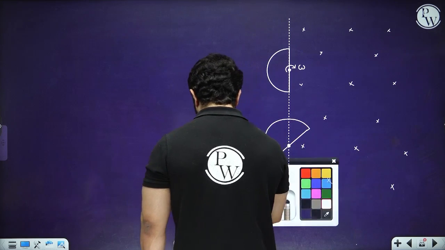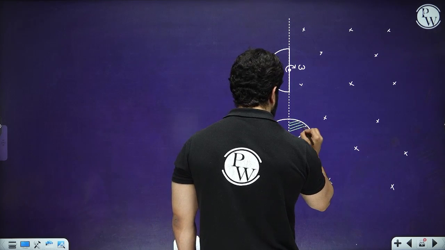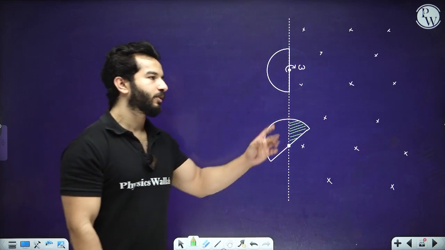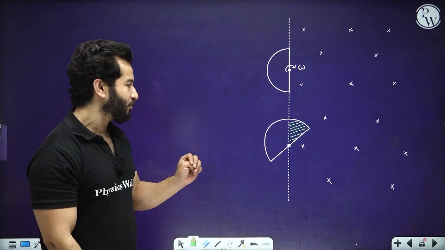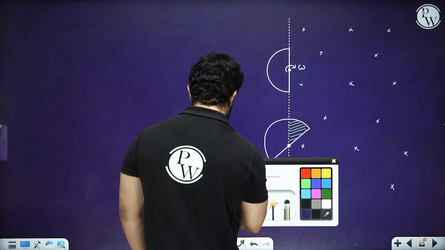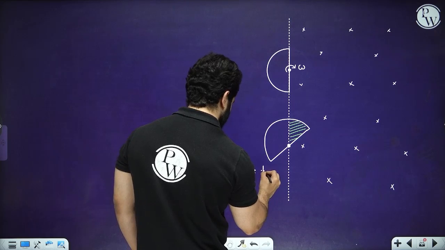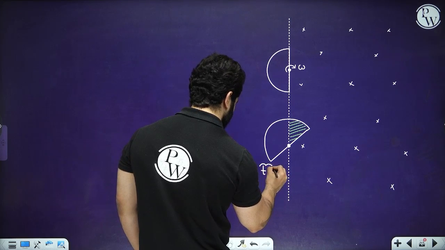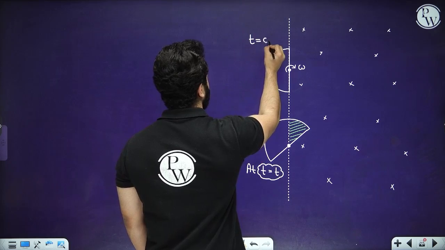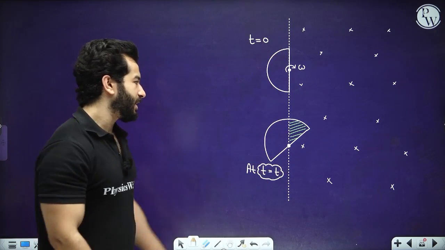So this much amount of flux has been linked, isn't it? Right now there was no flux, it is moving with some angular velocity omega. Now there is some flux at time t, so this is at t equals t, and this was at t equals 0, right? Got it?